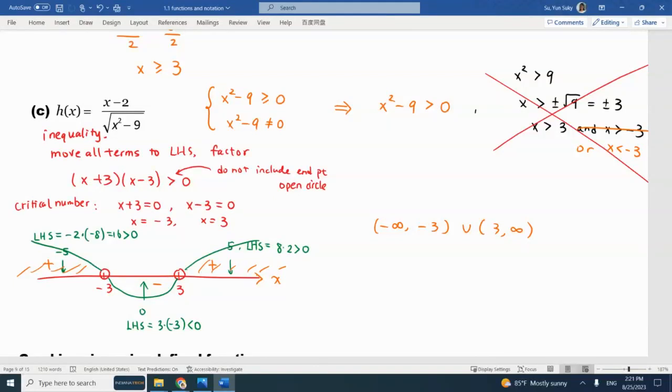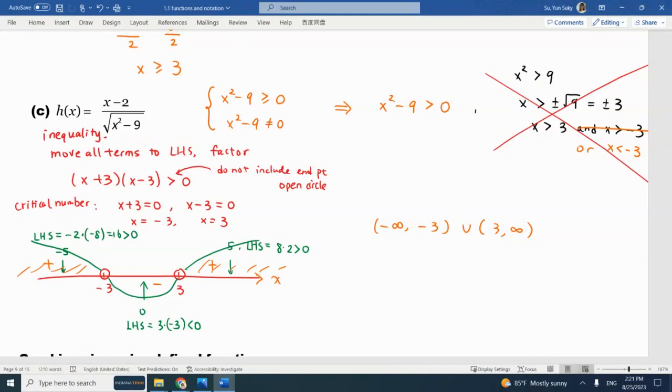On the left and on the right, you might have different signs. That's why it separates the real number line into subintervals. On each subinterval, you pick a test point to plug into the left-hand side to see if it's positive or negative. Then you look at the inequality. You're looking for greater than 0, which is positive. So that's why you pick these two pieces.